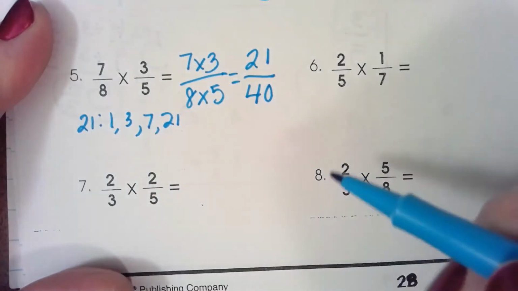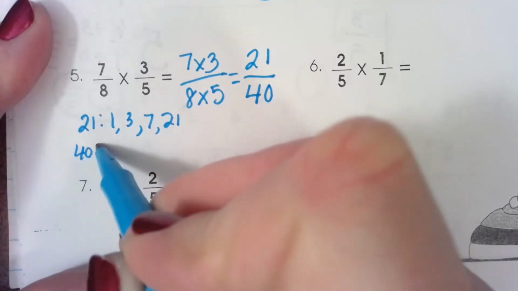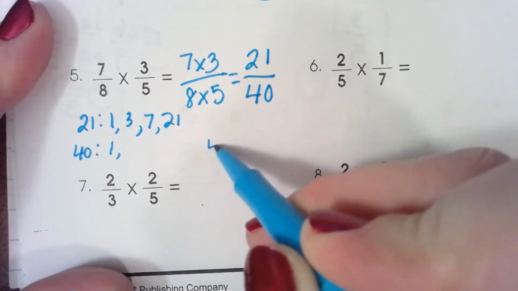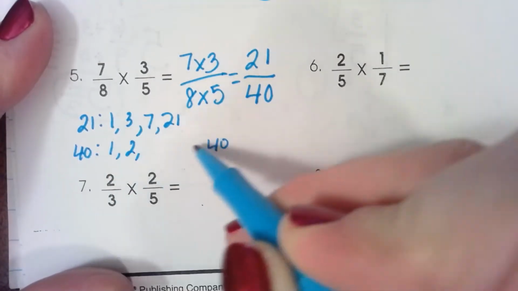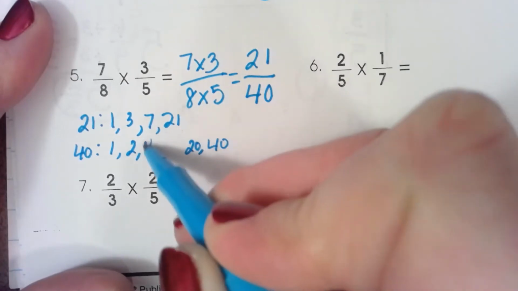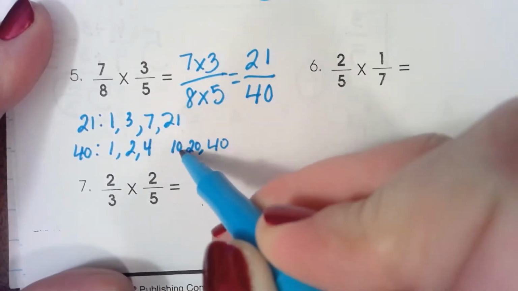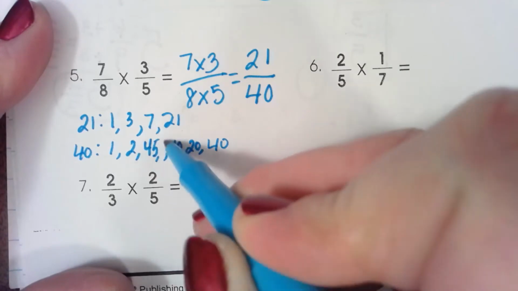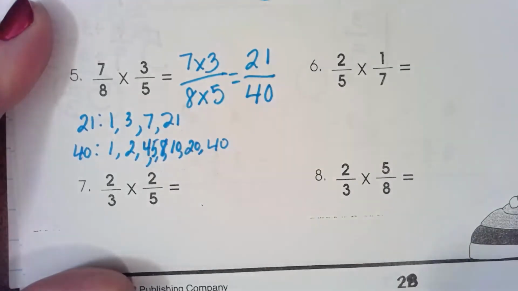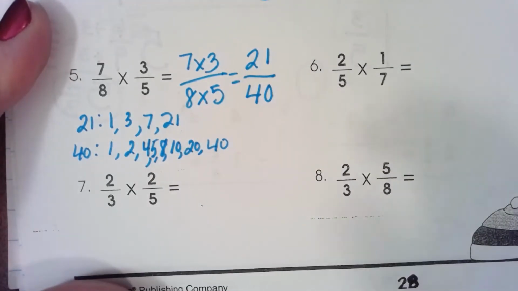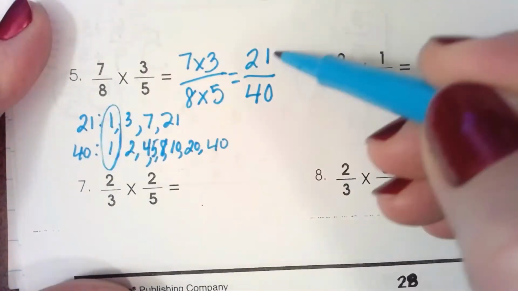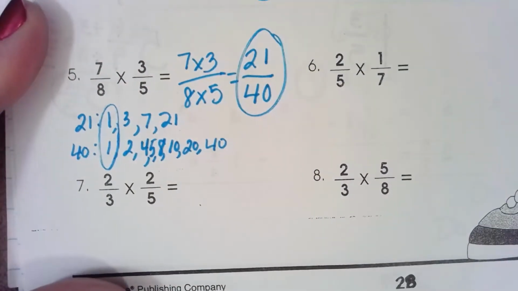Those are my only factors. My factors of 40 are 1 times 40, 2 times 20, 4 times 10, and 5 times 8. The only factor that they have in common is a 1, so this is already simplified.